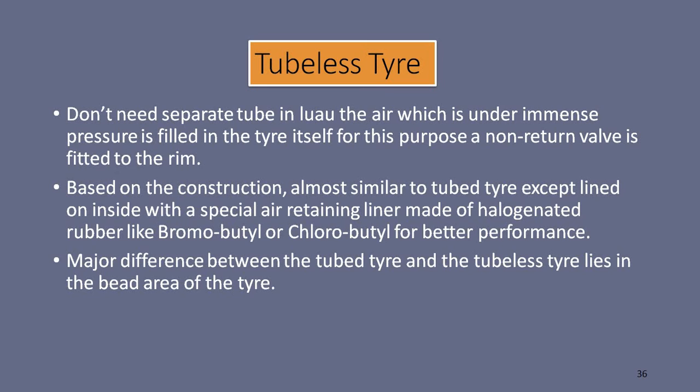The construction is almost similar to the tubed tire, except that the inside is lined with a special air retaining liner made of halogenated rubber like bromobutyl or chlorobutyl. For better performance we can use it for tubeless tires. The major difference between the tubed tire and tubeless tire lies in the bead area of the tire.